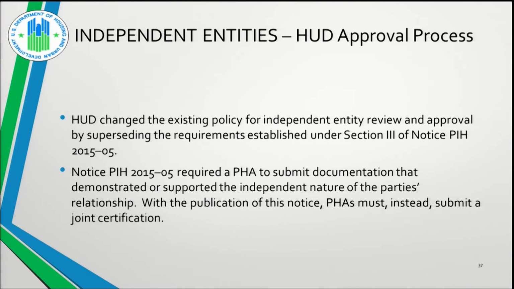That notice has been superseded by this implementation notice. Previously, PIH Notice 2015-05 required a PHA to submit documentation that demonstrated or supported the independent nature of the parties' relationship. With the publication of this notice, PHAs must instead submit a joint certification.